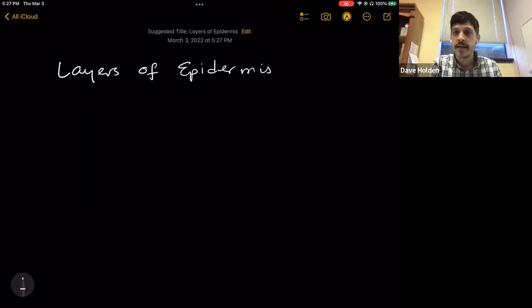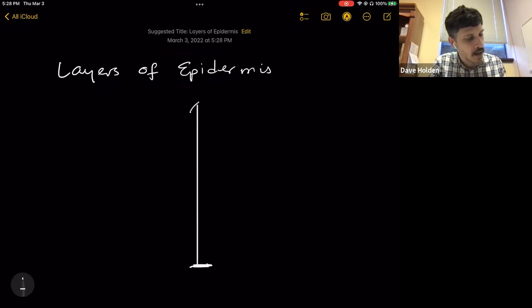So, to understand the layers of the epidermis, despite how thin the epidermis is in relation to the dermis, there are 5 layers to this uppermost layer of the skin. And the way that I like to keep them straight, we start at the bottom and we name as we go up.